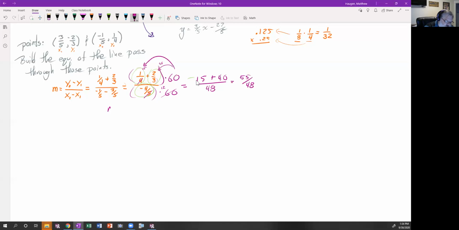So that's our slope, 55/48. And sometimes I'll do things really fast with fractions. I'll kind of throw them around real quick. And if you're like, wait, could you slow down and go through the steps of what you did there, because I didn't catch that, stop me, slow me down and say, hey, could we go through that more step by step?